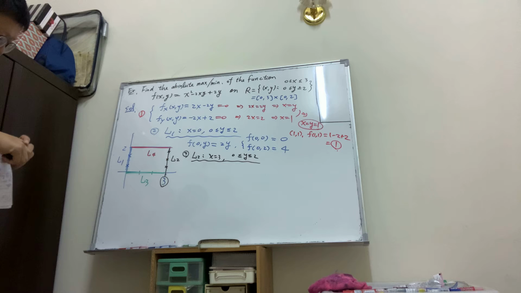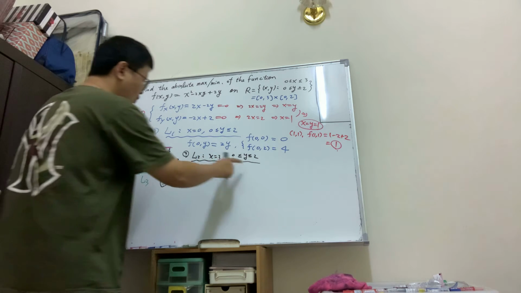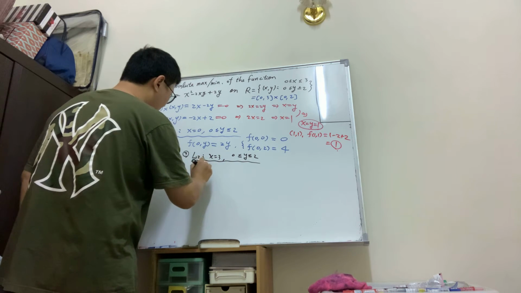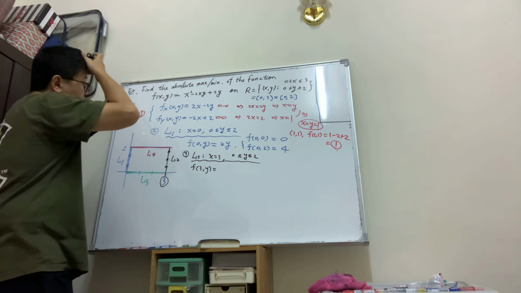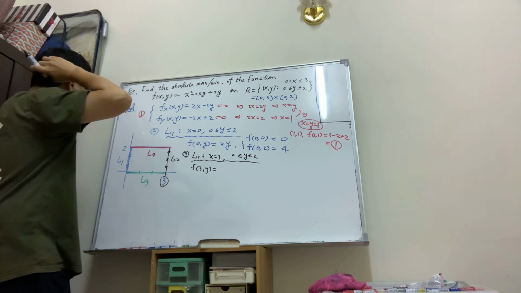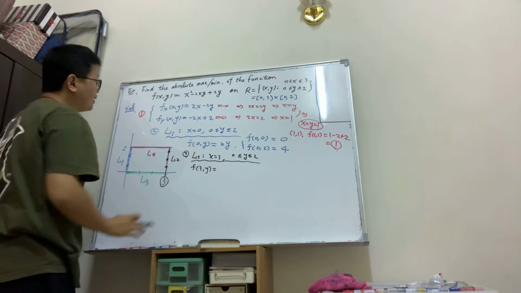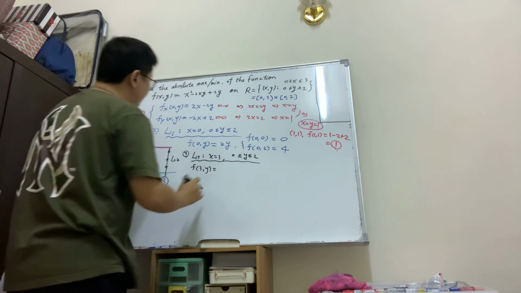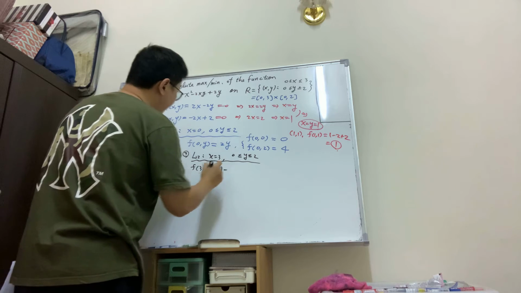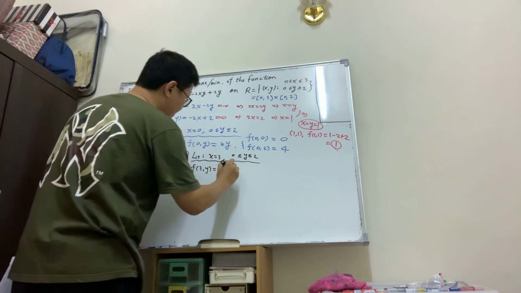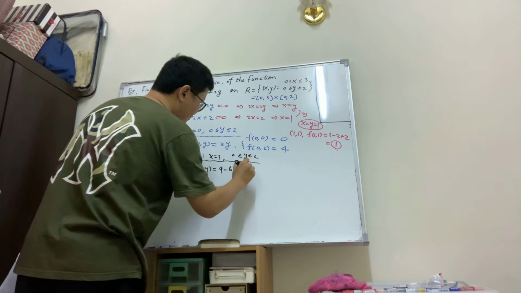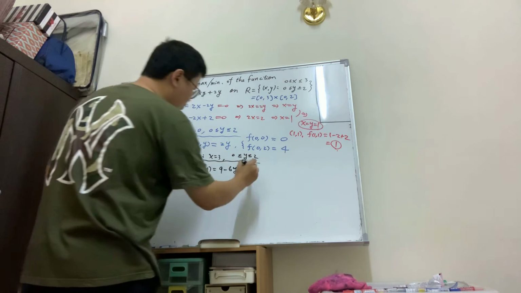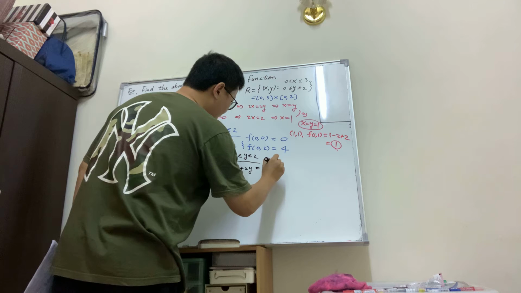We still plug in the value: f of 3, y. For the variable x, we plug in the value 3. So it's 3 squared, so it's 9. Subtract 2 times 3, which is 6, times y, plus 2y. So it's equal to 9 subtract 4y.